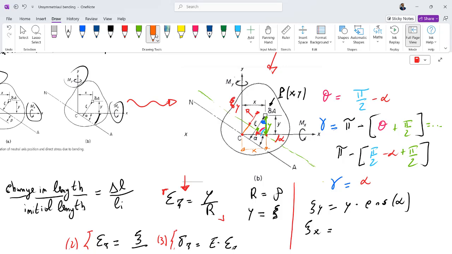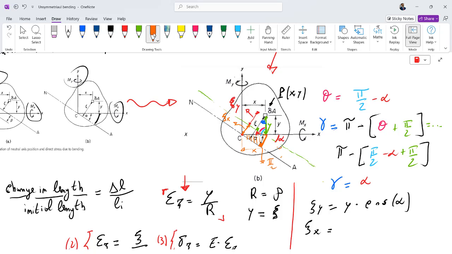This is the zeta x portion, and the right triangle we take into account now is this triangle, where the quantity highlighted with the orange pen is pi over 2.